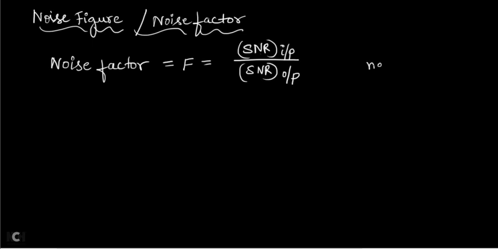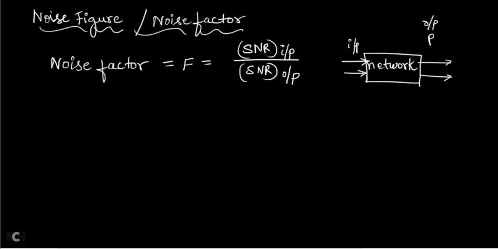So if you consider a network, some circuit, it can be an amplifier or a filter, anything, it will have two ports. This is called the input port, and it will contain one more port called the output port. SNR can be calculated either at the input side or the output side.